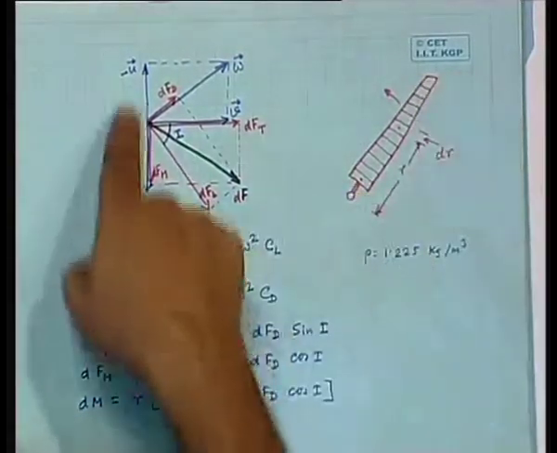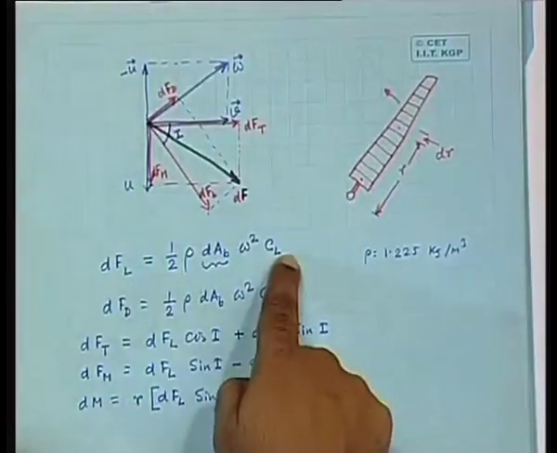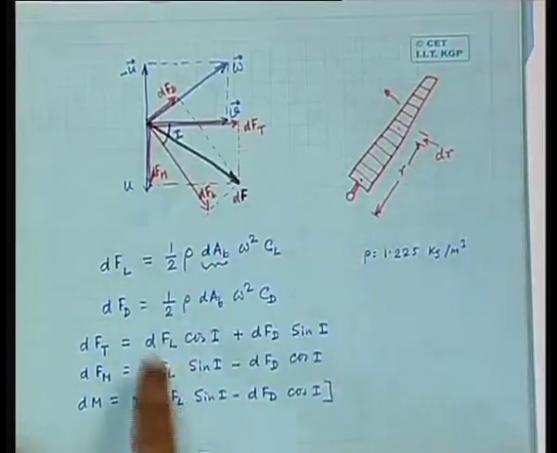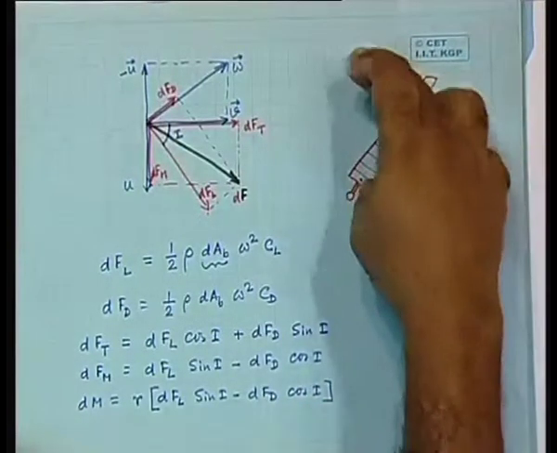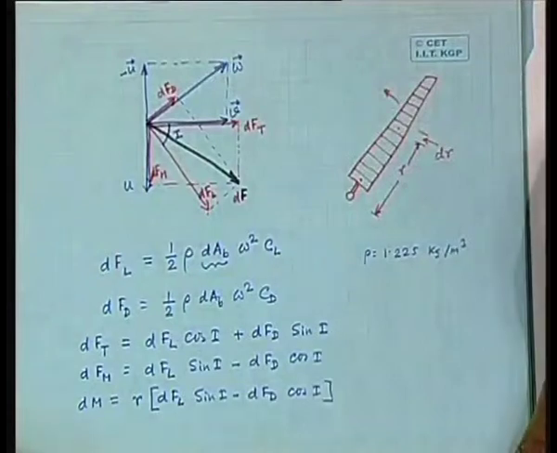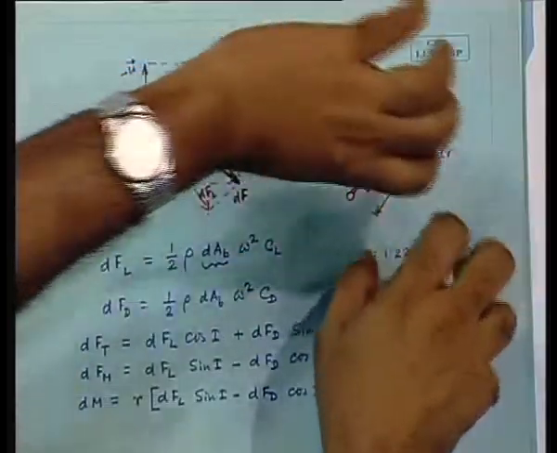Because at this point u is large, as u is large, w is large, and therefore the lift force is large, and this component will overwhelm this component further. As a result, this part will try to fly off faster than this part. Therefore, a sort of shear force is produced that tries to break the blade, and this is one of the major reasons of blade failures. Blades do fail because of this reason.